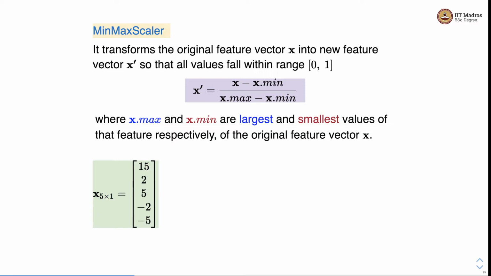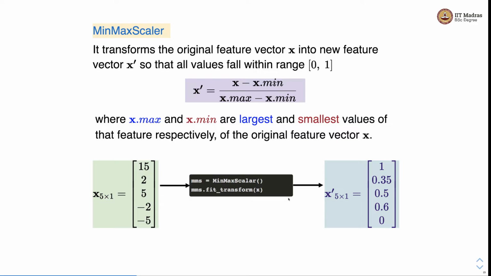Let's take a concrete example. This is the original feature matrix containing 5 samples, and of course there is a single feature. Before applying the MinMaxScaler, we first instantiate the MinMaxScaler object and call the fit_transform method on the original feature set.